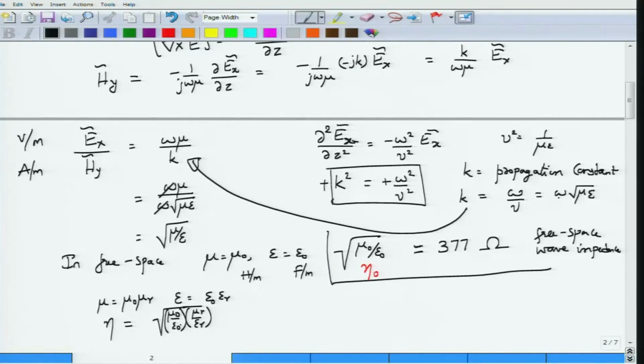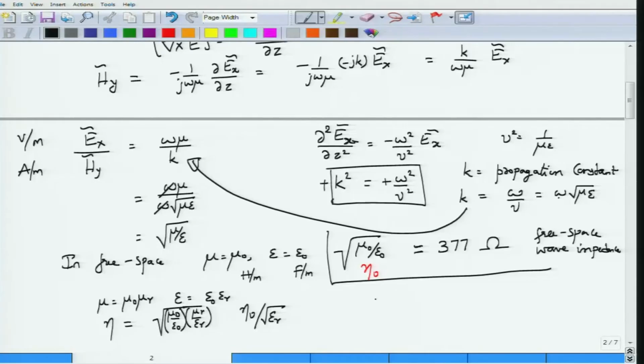But I already know that square root of mu 0 by epsilon 0 is nothing but eta 0, and in most cases that we are going to consider in this course, mu r is equal to 1. We are dealing with non-magnetic materials, so mu r is equal to 1, and epsilon r is whatever the value of the dielectric constant or the permittivity of the medium. So this is eta 0 by square root epsilon r, okay.